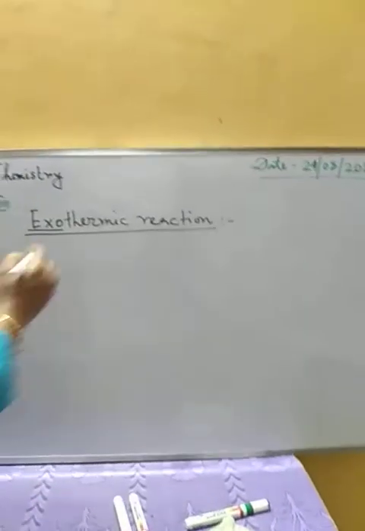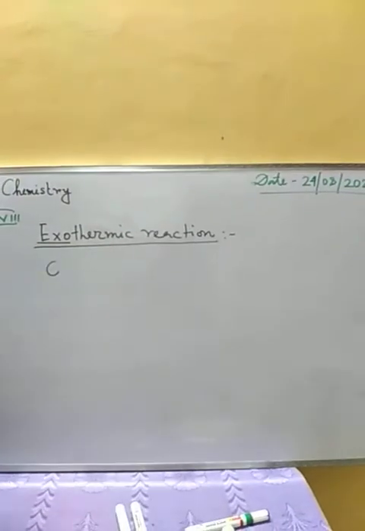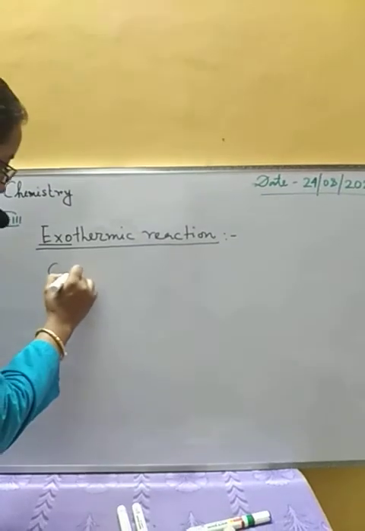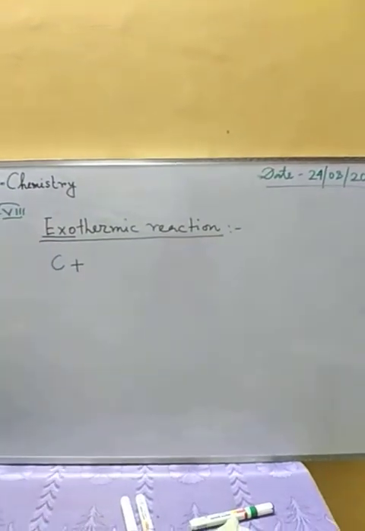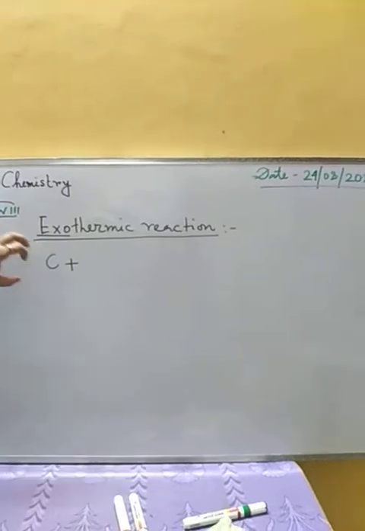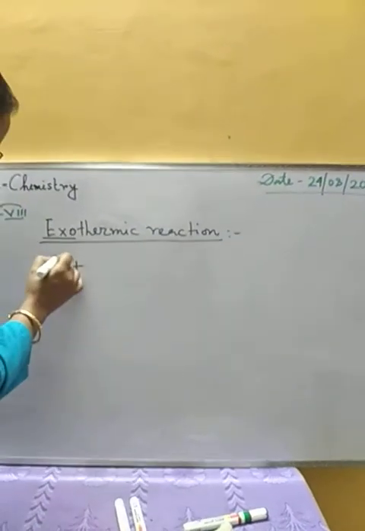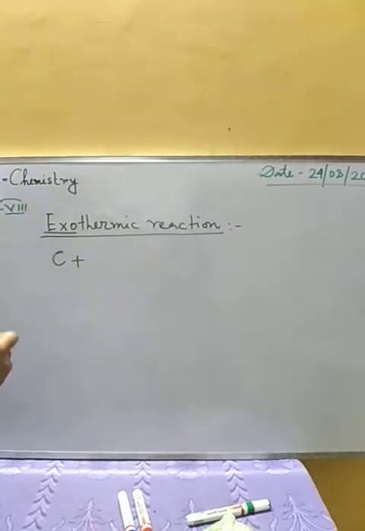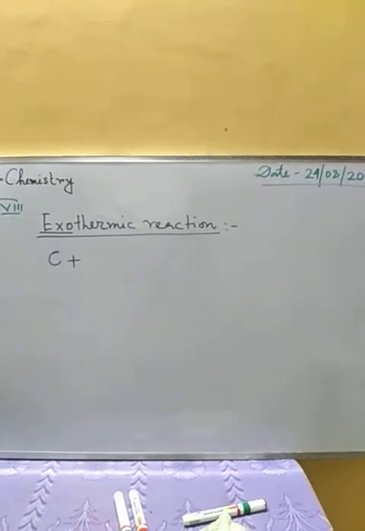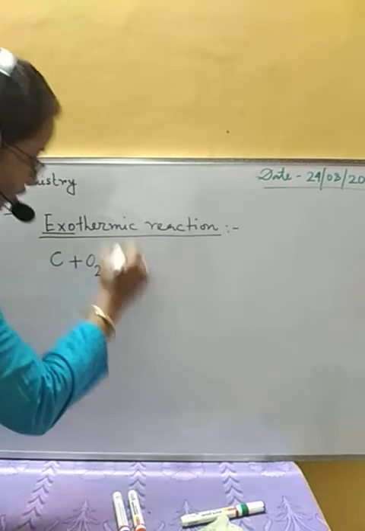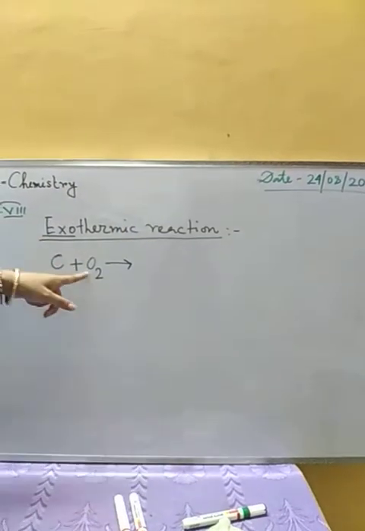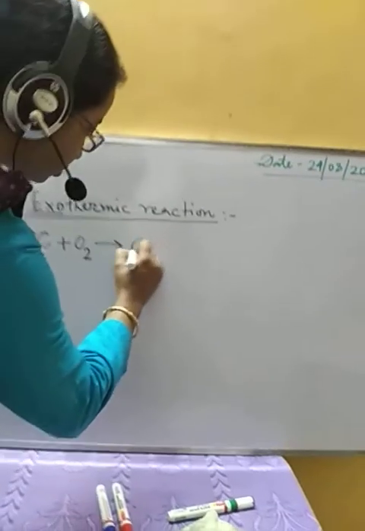Okay, a very simple example of this kind of reaction is if we burn any fuel. So the symbol of fuel we will take as carbon. Suppose if we burn coal in presence of oxygen, so coal or carbon will combine with oxygen to form carbon dioxide.